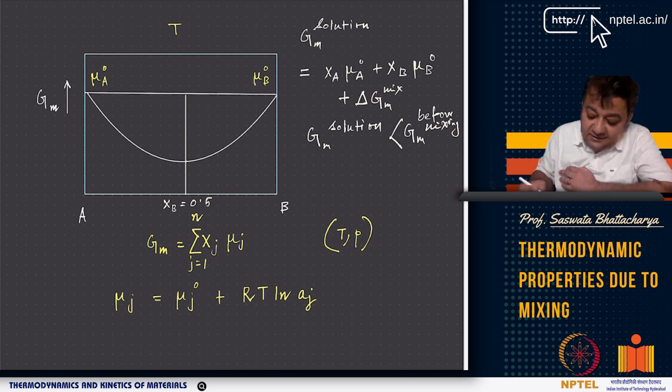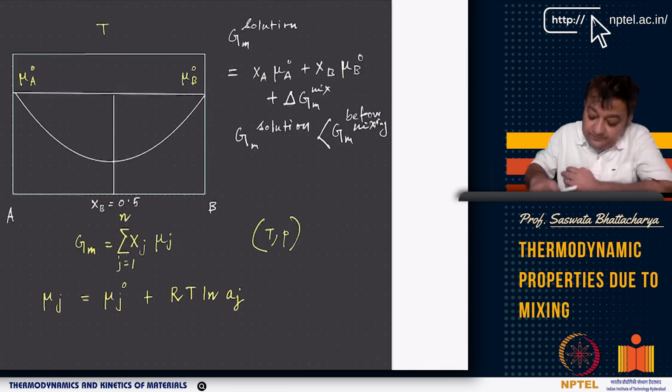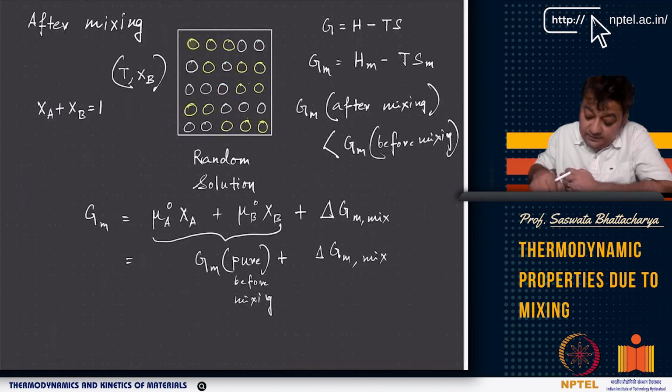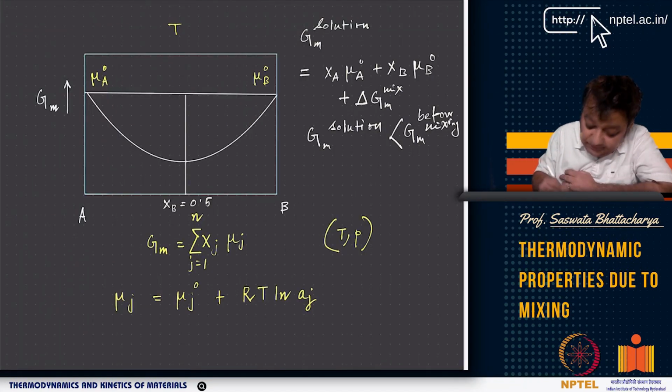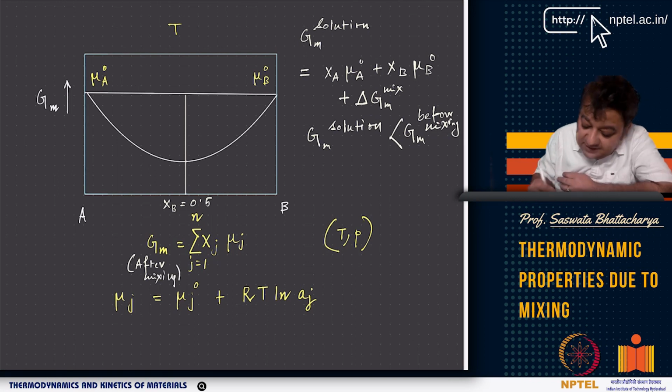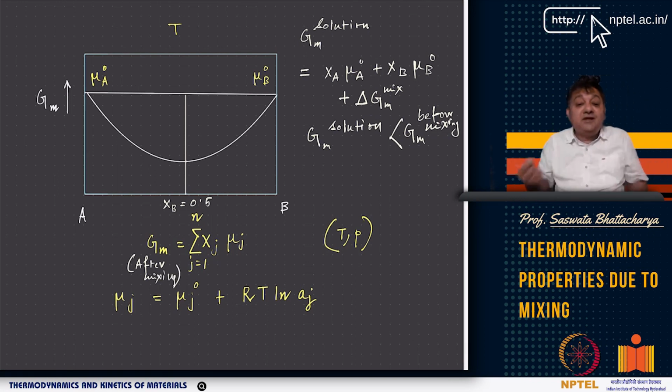And as a result of mixing, what has happened? The GM has now become the GM after mixing, right? This is GM after mixing. Now after mixing in the solution, you have, for each component, the chemical potential, right?